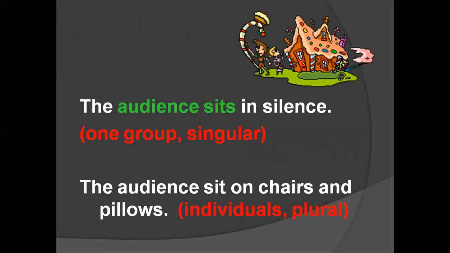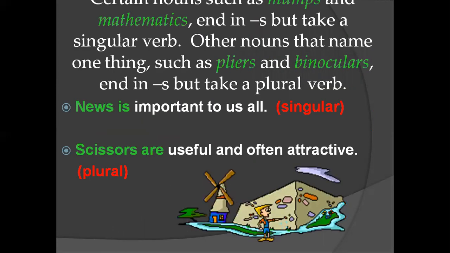And about the collective nouns, yes, we have some collective nouns. If the word is taken to mean one group, the verb should be in singular form. If the word tells about the individuals in a plural form, the verb should also be plural. It doesn't take s or es.